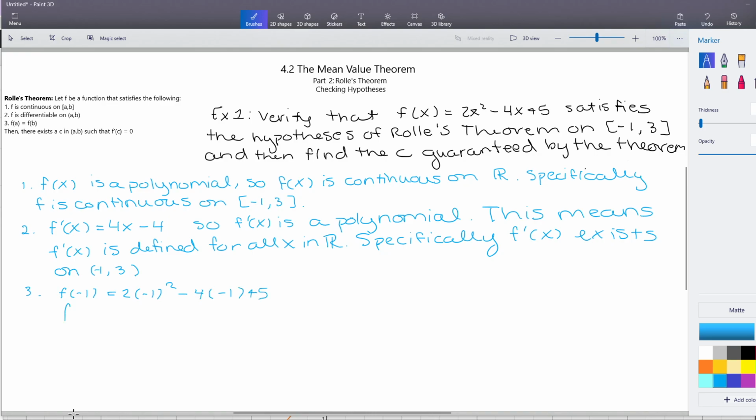Okay, so f of -1 is going to be 2 plus 4 plus 5, which is 11.